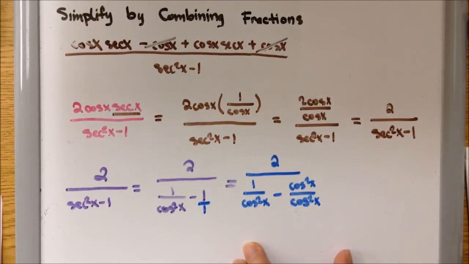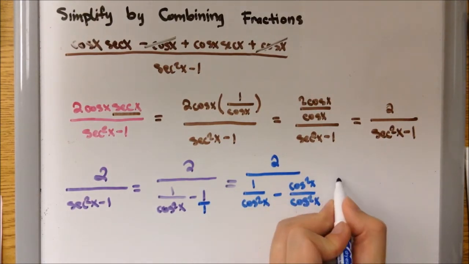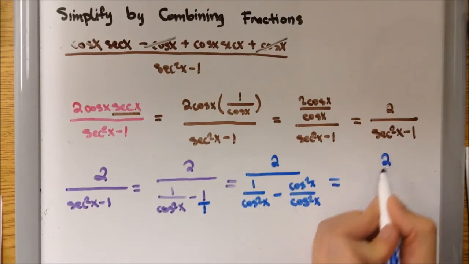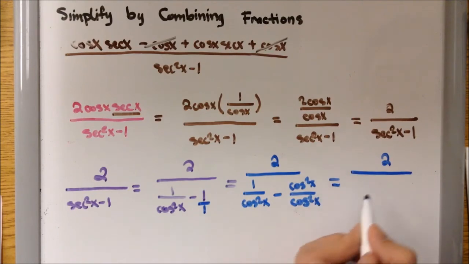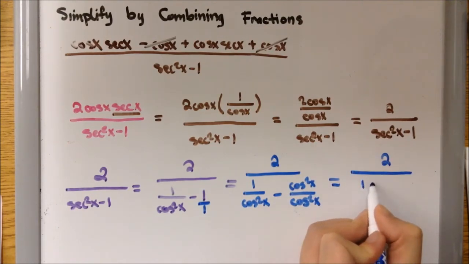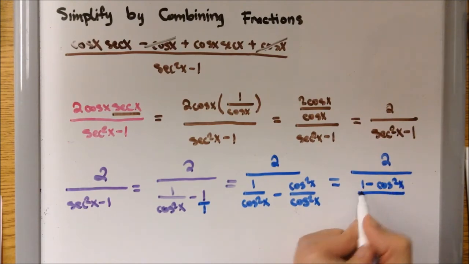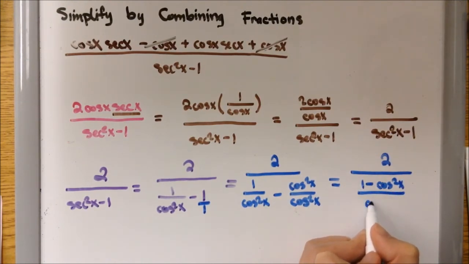Since they have the same denominator, we're going to rewrite it as one fraction in the denominator. So the 2 is still the same on the numerator, but now it's going to be 1 minus cosine square x over cosine square x.